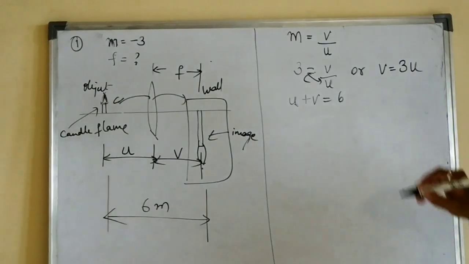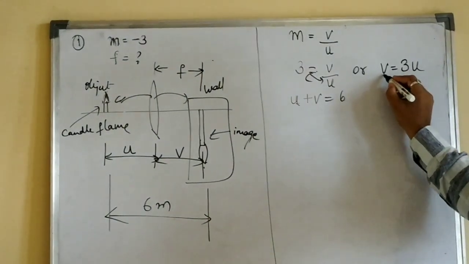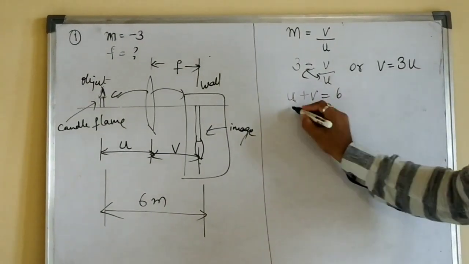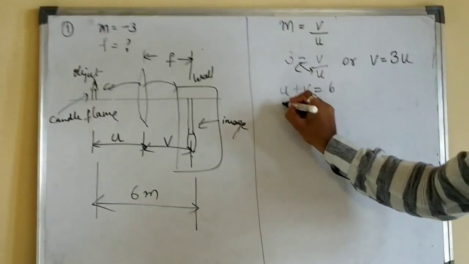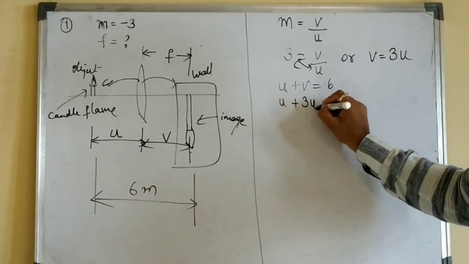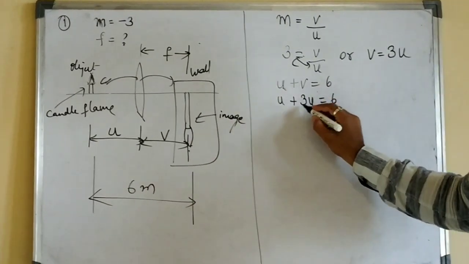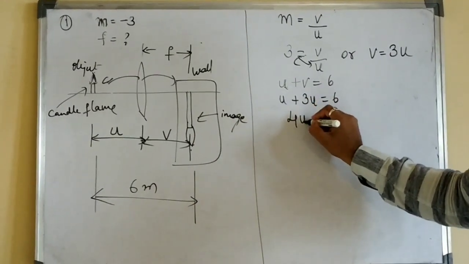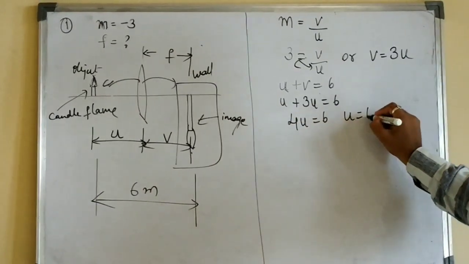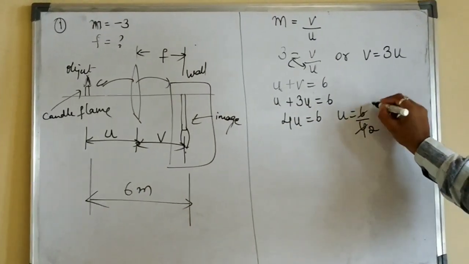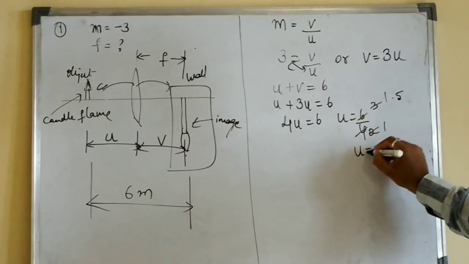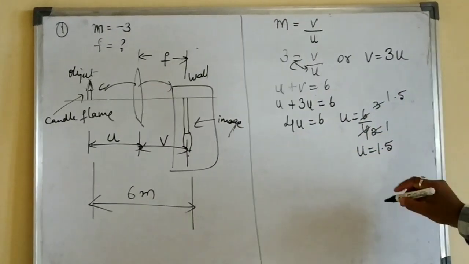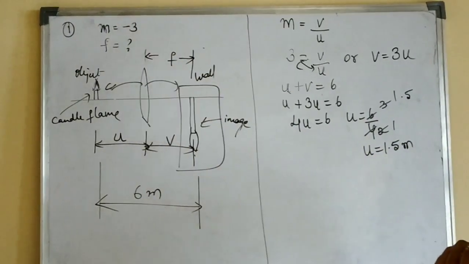Now, you know that v is equal to 3 times u. In place of v, we write 3u. Okay, u plus 3u is equal to 6. 3 plus 1 is 4, so 4u is equal to 6, or u is equal to 6 by 4, which is 1.5 meters.